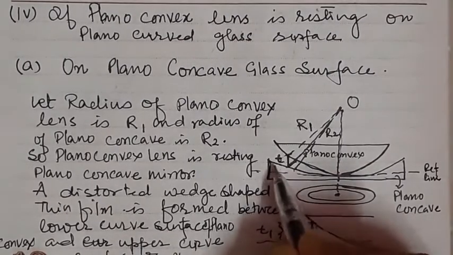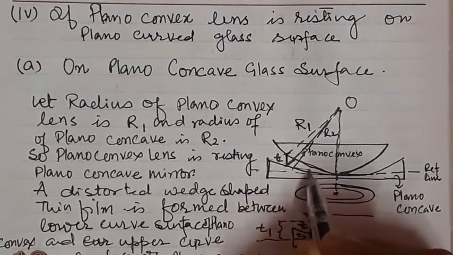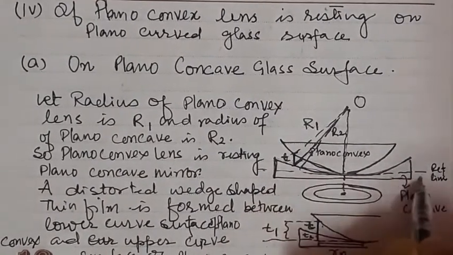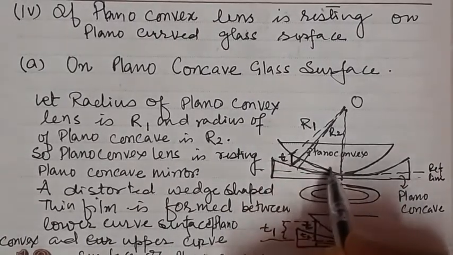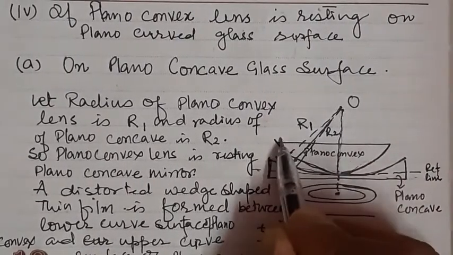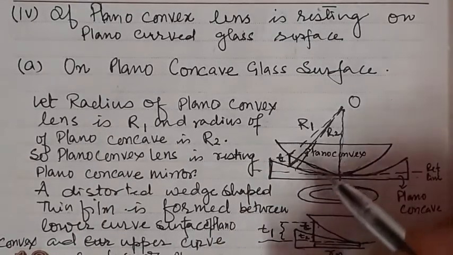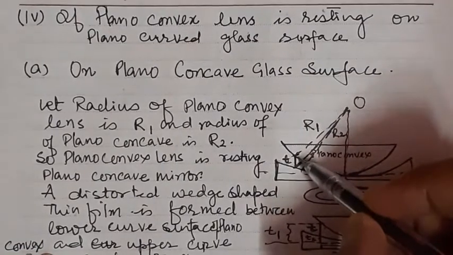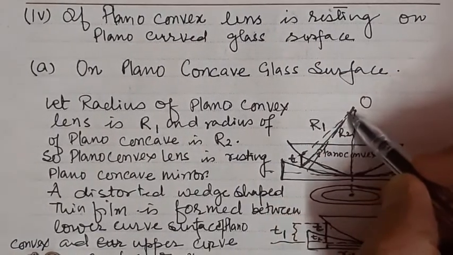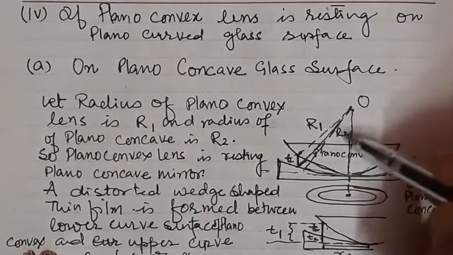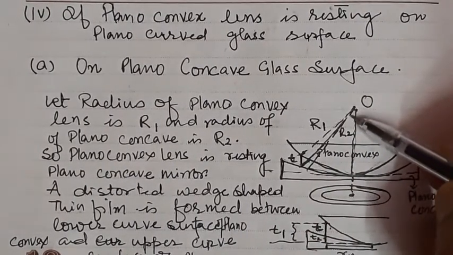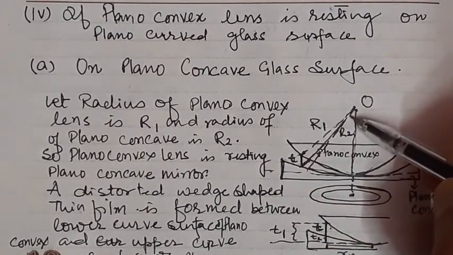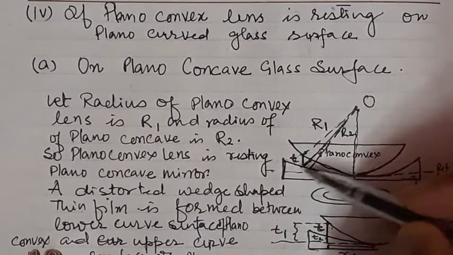This is the plano-concave surface, and this is your plano-convex lens. Both have different radii of curvature. The plano-convex lens has radius of curvature R1, whereas the radius of curvature of the plano-concave surface is R2.